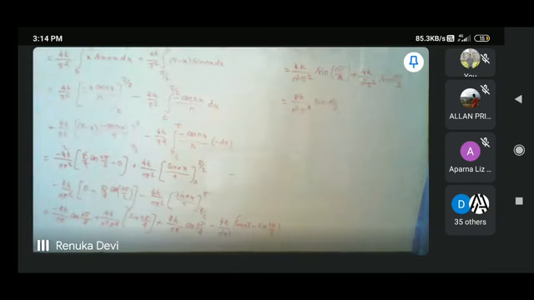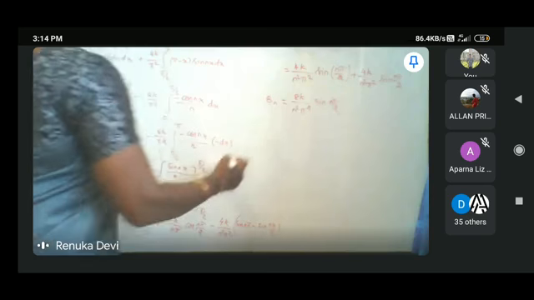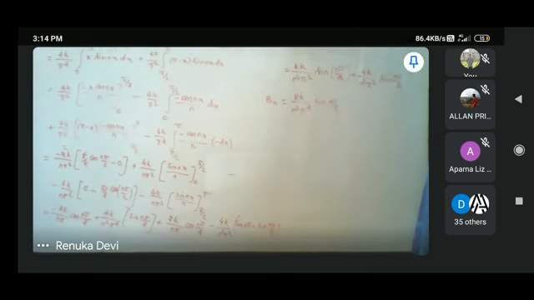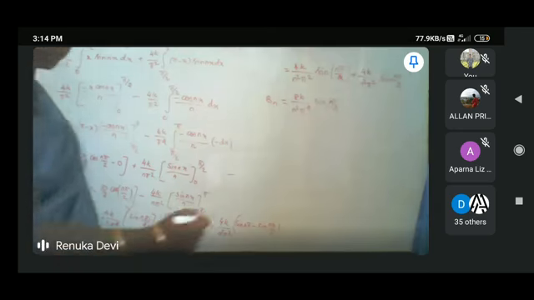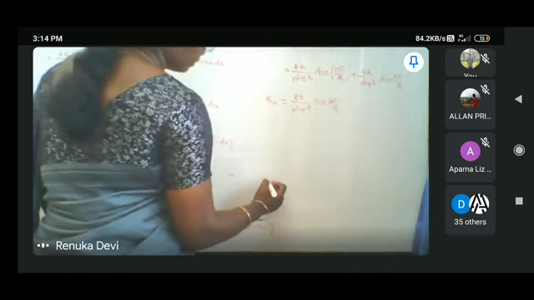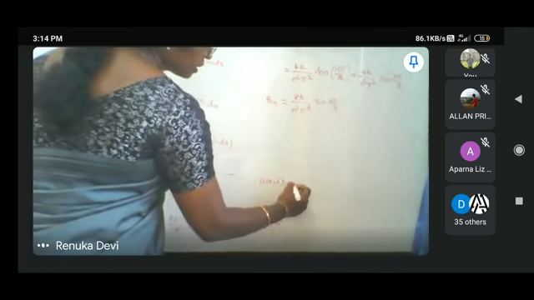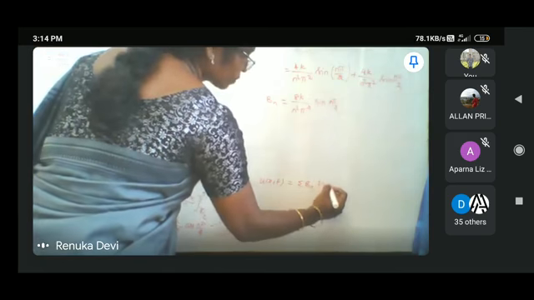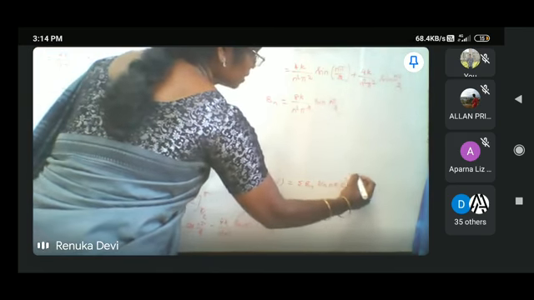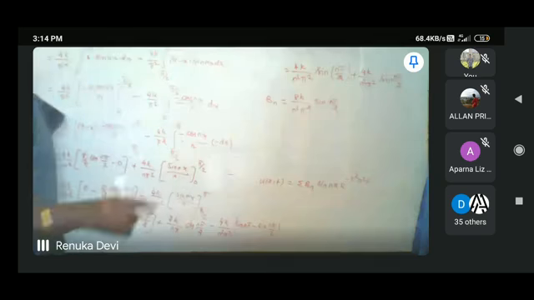So what is this? This is bn, isn't it? Bn. Start with bn. Therefore, I take equation 8 or equation 7, I don't know. This equation, that is u of x comma t: u of x comma t equal to sigma bn sin nx e raised to minus c square n square t. So what is the equation number?